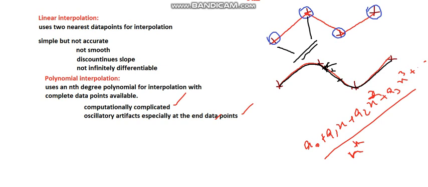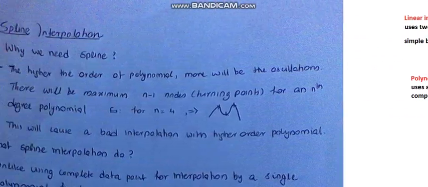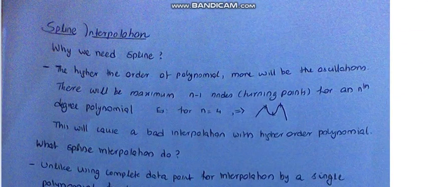Polynomial fitting has some computational complication and the oscillatory artifact at the endpoints; those are the drawbacks. We can overcome these two drawbacks by using spline interpolation.